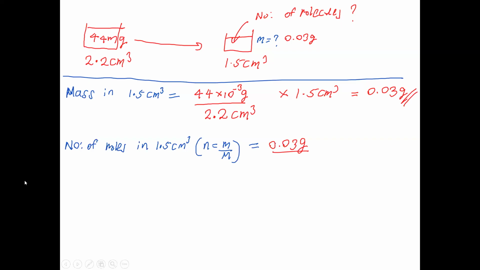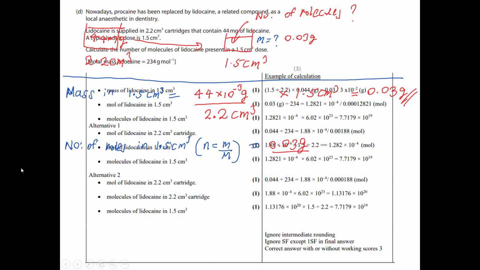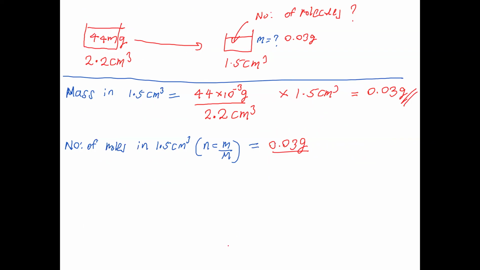The molar mass, as far as I remember, was there in the question. If I go to the question, it says 234 grams per mole. So we divide by 234 grams per mole.